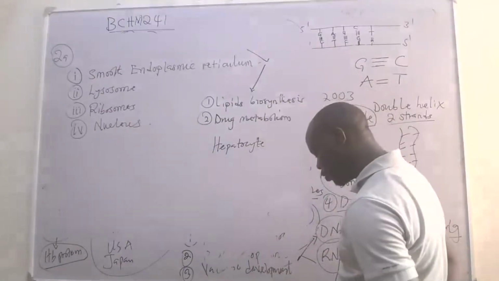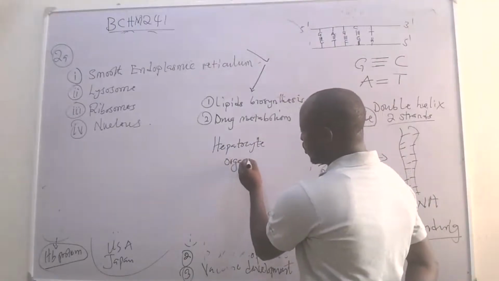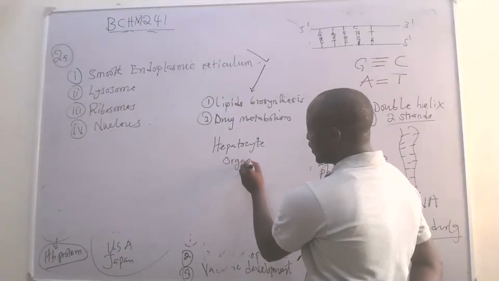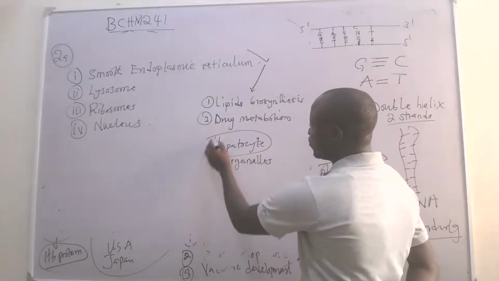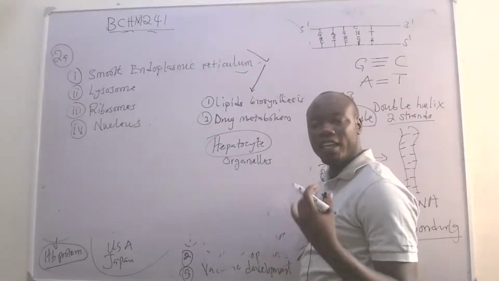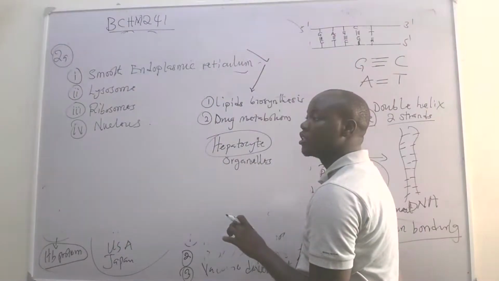In these hepatocytes, there are organelles, of course. The organelles in the cells of the hepatocyte include smooth endoplasmic reticulum. So anything that we take, we transport it.